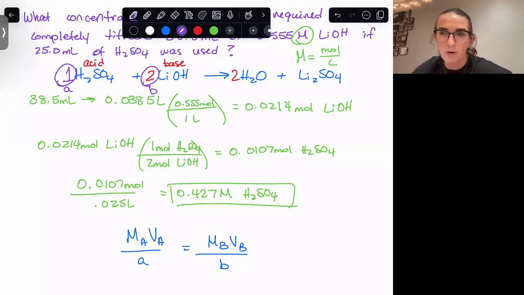It will probably just say H2SO4, or it'll say sulfuric acid and then give you H2SO4 in parentheses. But H2SO4 is a strong acid, so I think that is something that you do need to memorize for the exam. You just need to know that it's a strong acid.